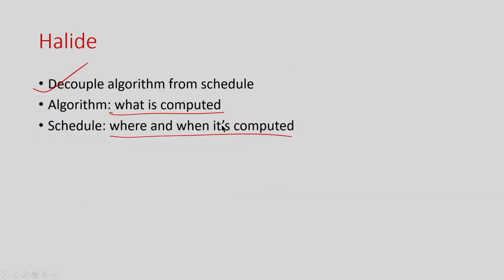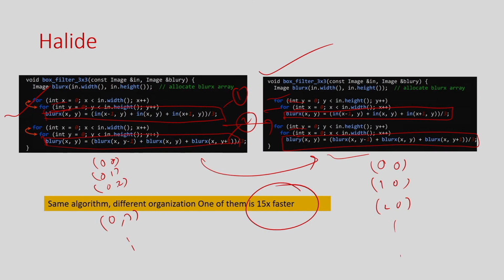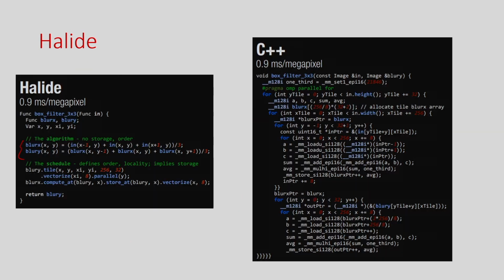In this Halide language, instead of writing this for loop or this for loop, you just mention that the actual computation is these two, and then here you specify whether you want to execute the x loop first or the y loop first, what the range of x y is, whether you want to do tiling, whether you want to do vectorization.